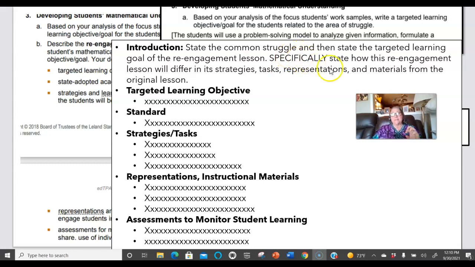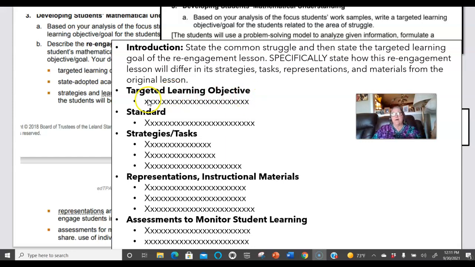Then specifically state how this re-engagement lesson is going to differ from the original learning segment. How is it going to differ in strategies, tasks, representations, materials? Because that's really what the score is looking for. So I would lead with that. Then make sure that you have all these bulleted items.